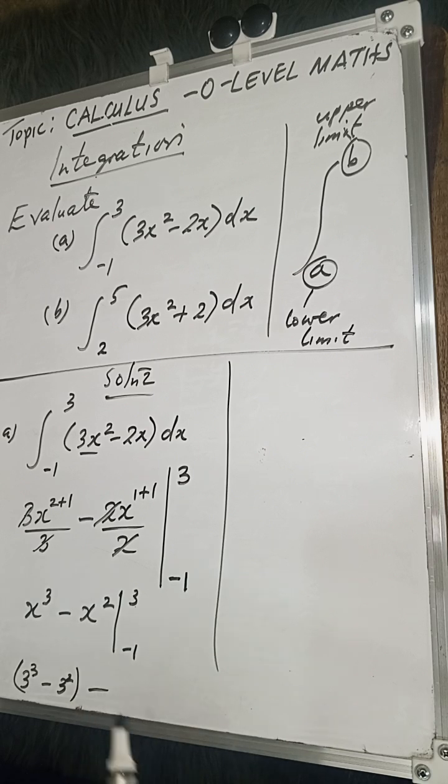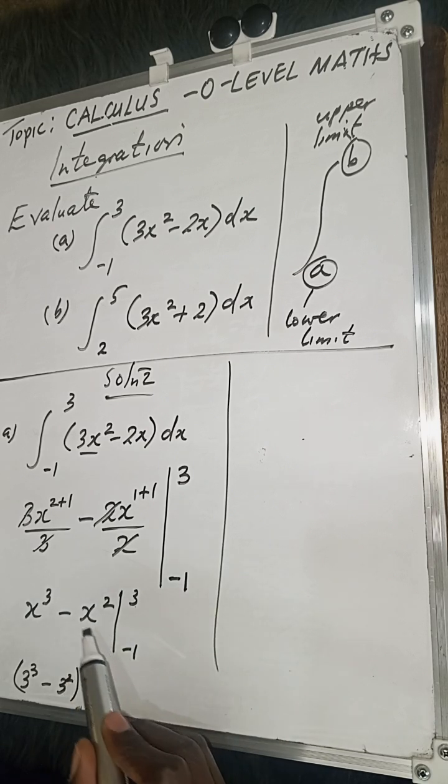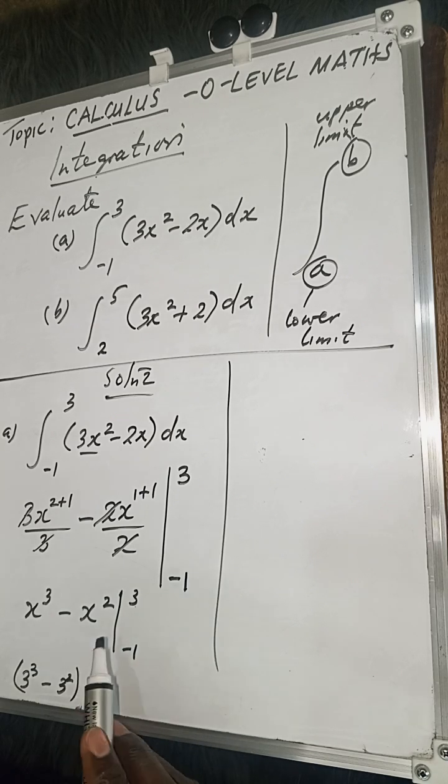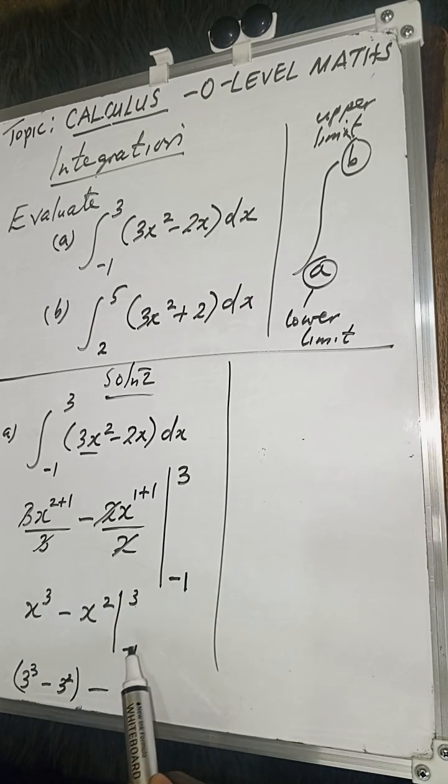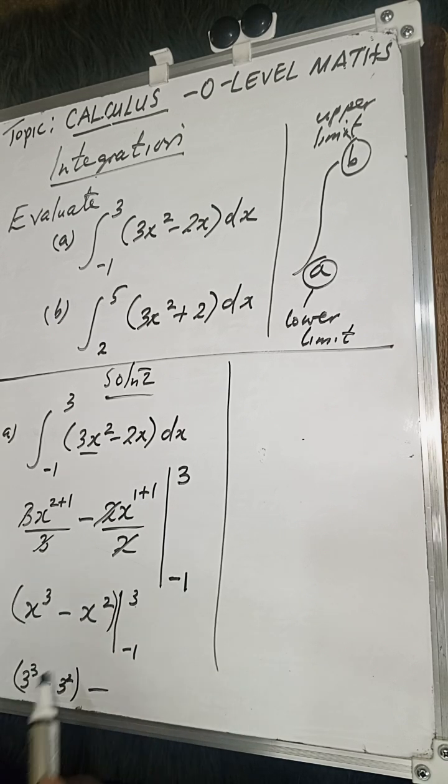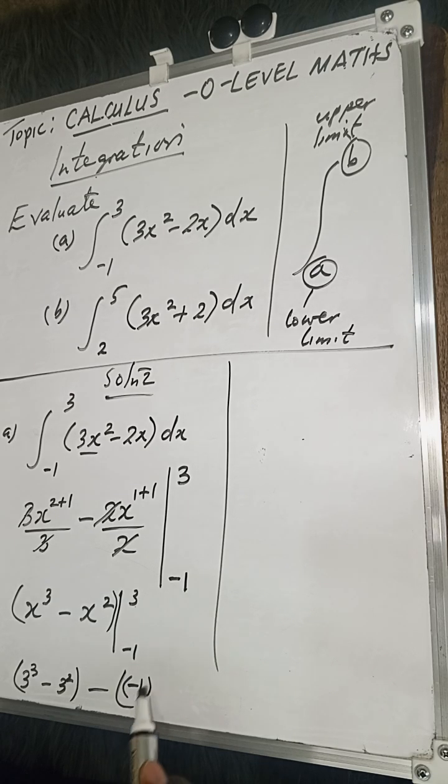You subtract the lower limit, the value that you get from your lower limit. So again, you replace this into the whole expression. Remember, the whole expression is this one that you have found. So replace it again. It will be negative 1 raised to the power 3 minus negative 1 raised to the power 2.